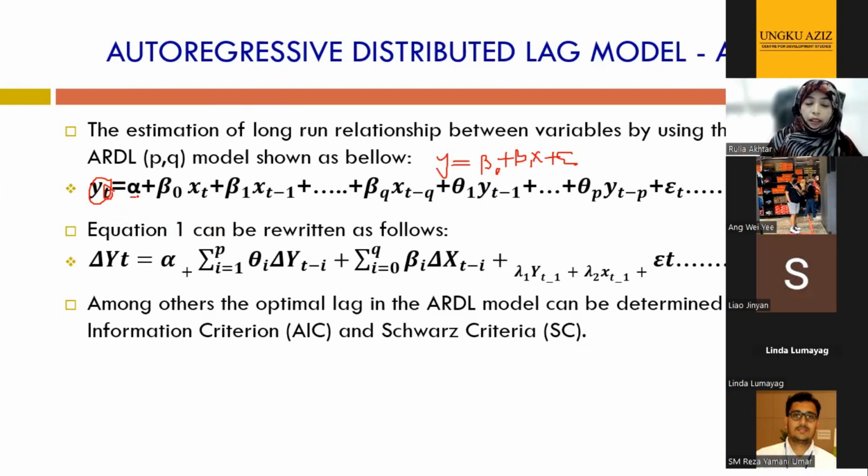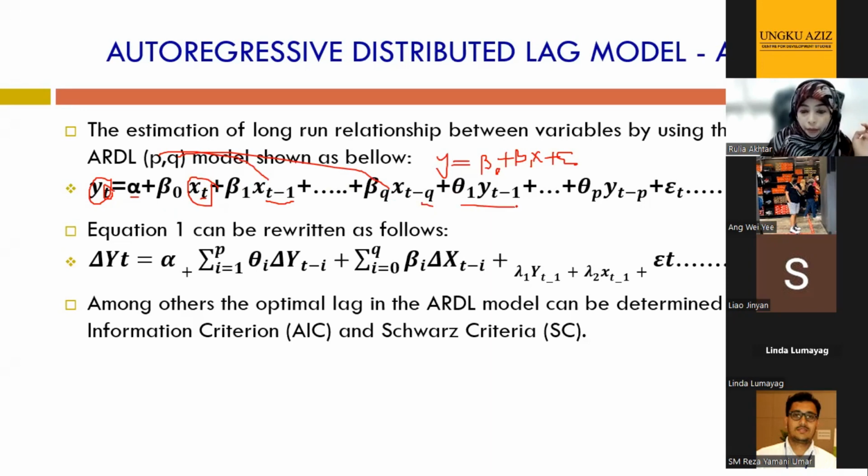This is a function, this is the constant term, and this is our independent variable, the current period and the lag period, one-period lag, until lag Q. Do you remember that autoregressive is for the dependent variable and distributed is for independent variables, until Q?